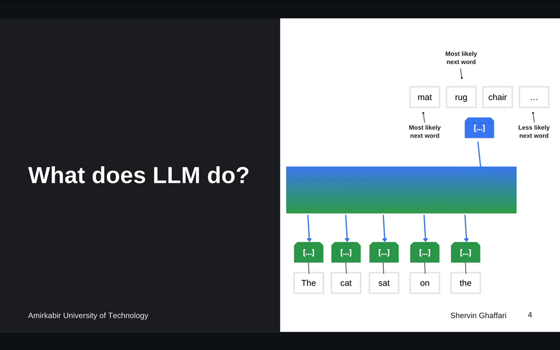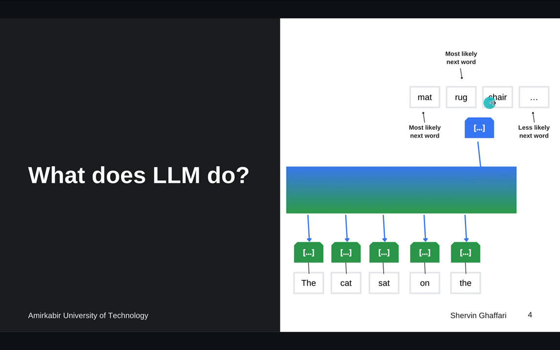But if we want them to interact with users, we need to make some changes to their training to convert them from a base model to an instruct model, so the model can interact and do question answering with users.